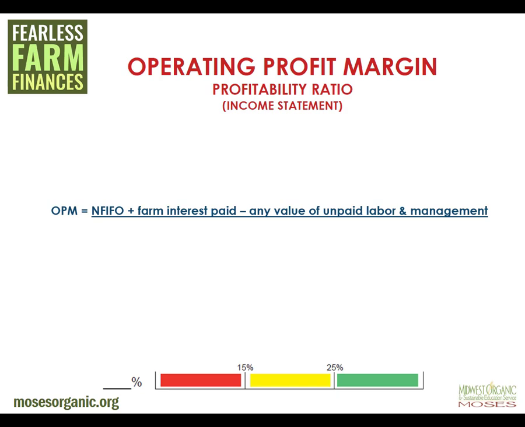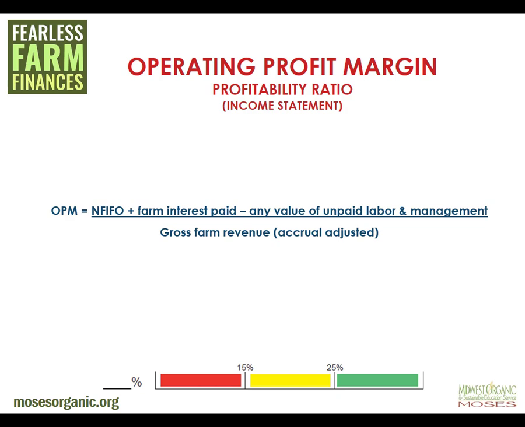So, the formula to determine operating profit margin is OPM, or operating profit margin, equals the net farm income from farm operations plus the farm interest paid minus any value of unpaid labor and management, divided by the gross farm revenue, accrually adjusted.